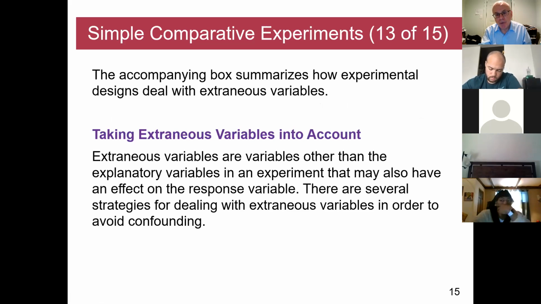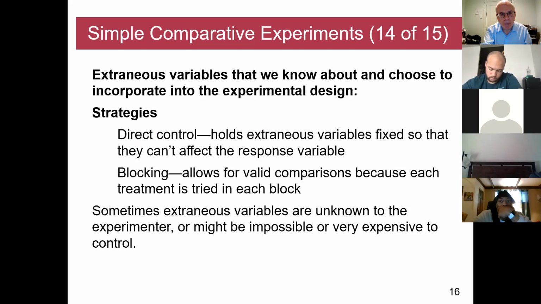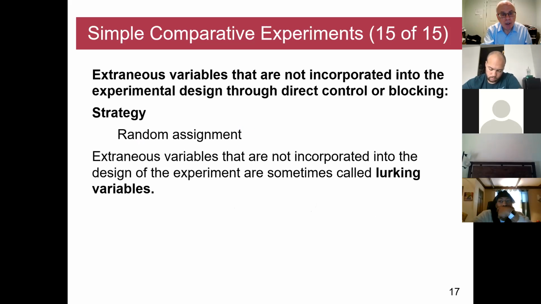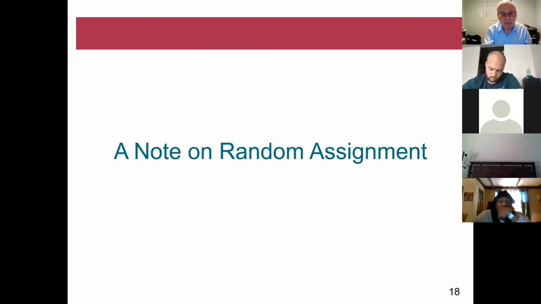Again, we do it through random assignment, we do it through direct control, we do it through blocking. So those are the strategies to help us avoid confounding. Again, it can't hurt to read the same thing again.